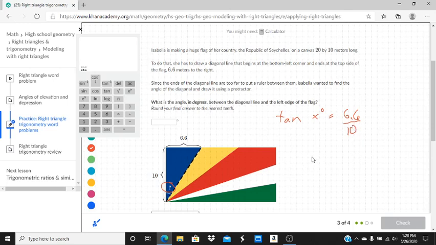So we're going to do inverse tangent. So we're going to say x equals the arctangent of 6.6 divided by 10.